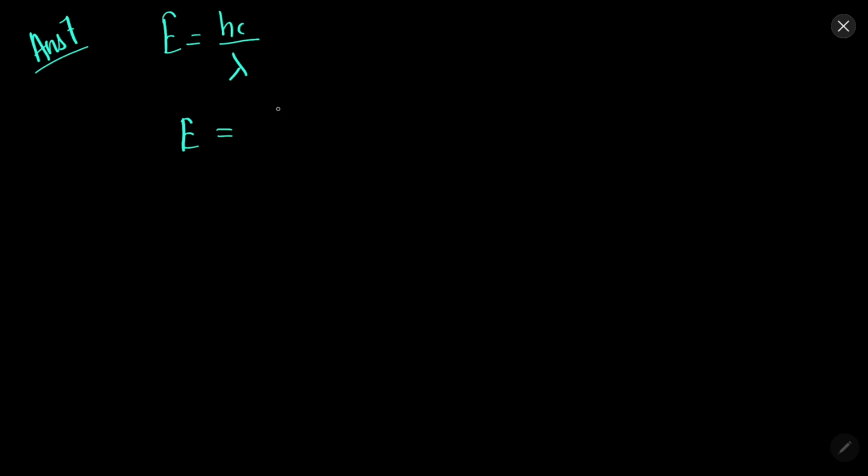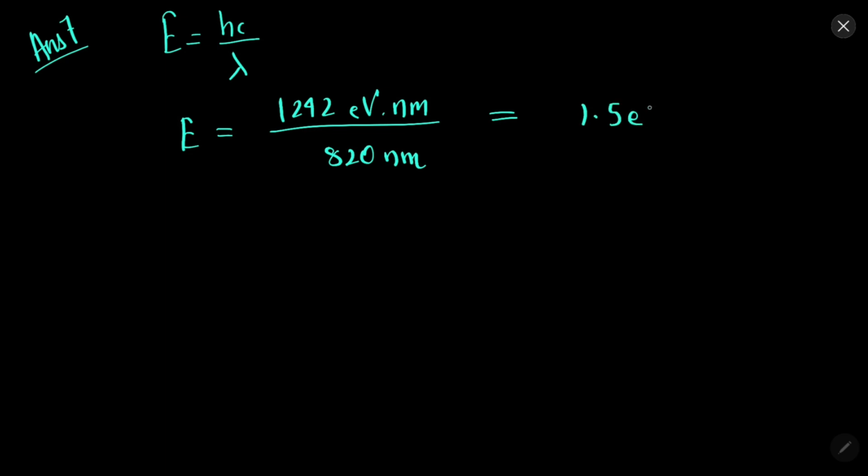E equals 1242 eV nanometer, the value of hc in eV nanometer, over the wavelength, which is given to us, 820 nanometer. So we will have the value to be around 1.5 eV.